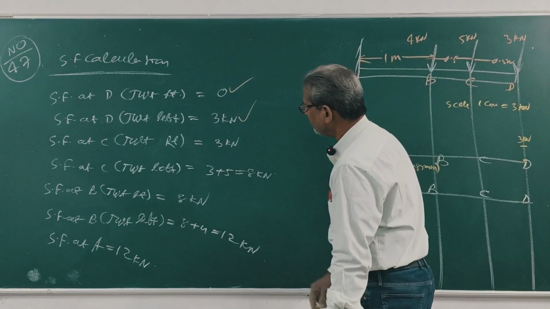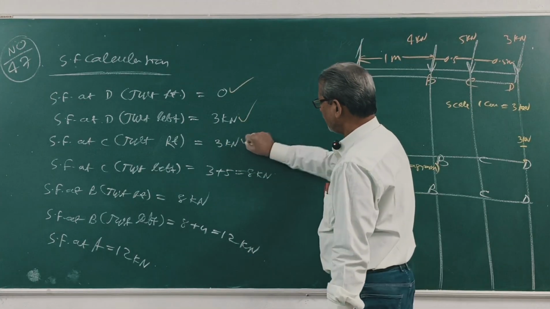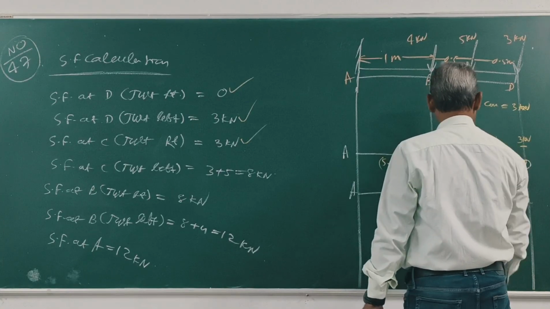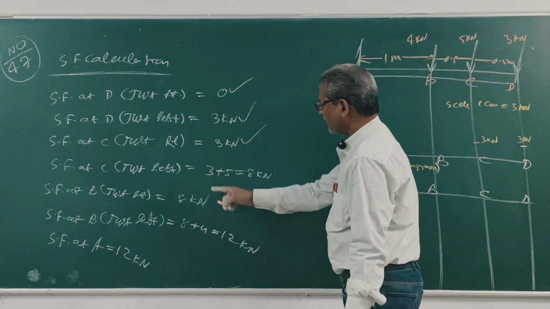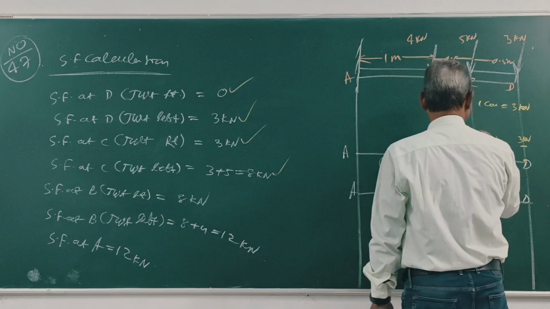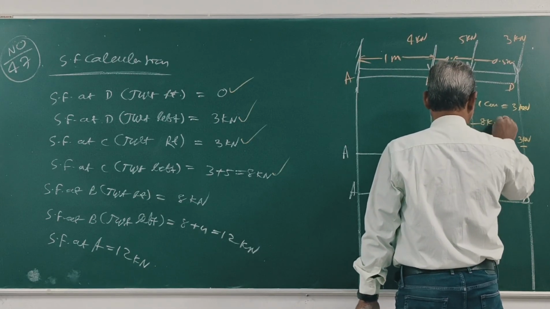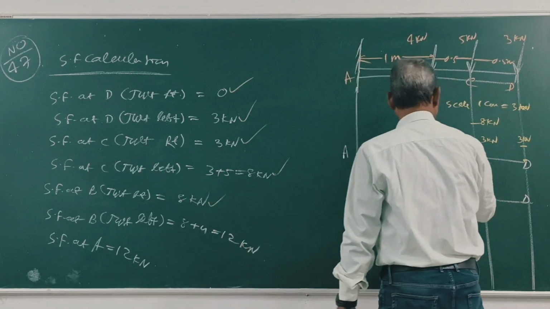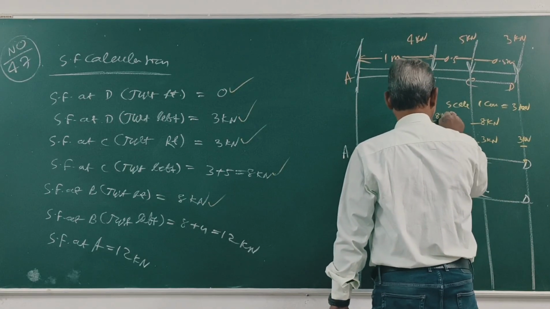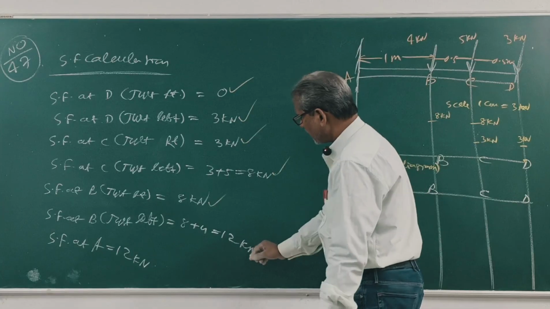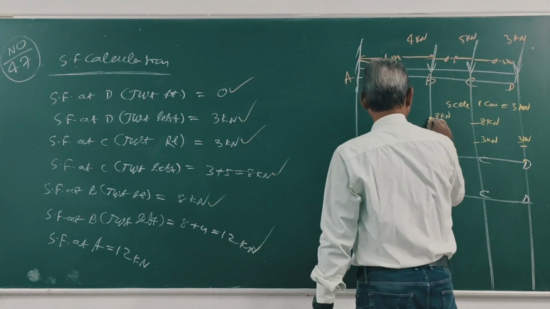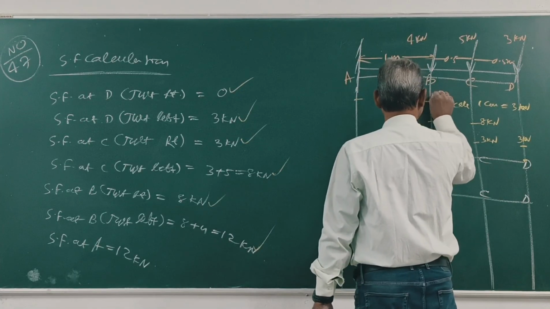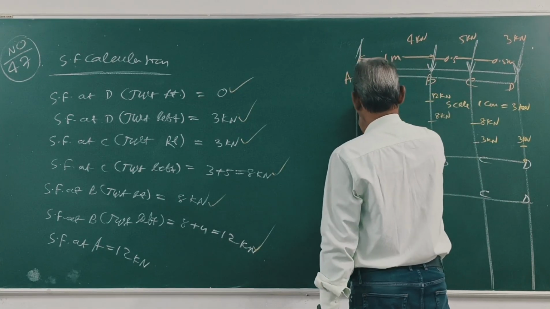At C just right 3 kilonewton. At C just left 8 kilonewton. At B just right 8 kilonewton. At B just left 12 kilonewton. At A 12 kilonewton.